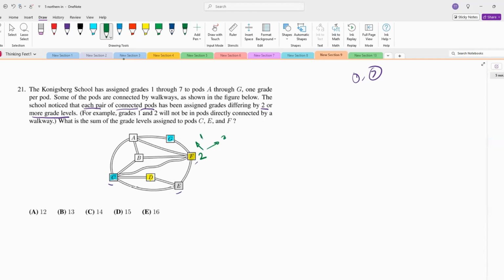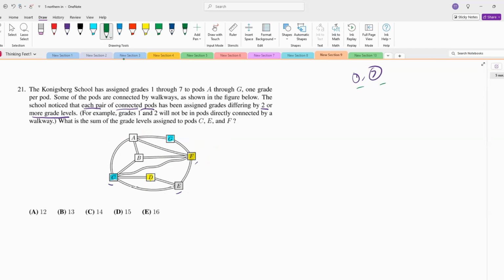Sorry, not D, except for D, one of these would have to include 1 and 3, and that will not make sense because the pods cannot be connected by a number that is less than 2 apart. So that is why F and C have to be either 1 or 7.